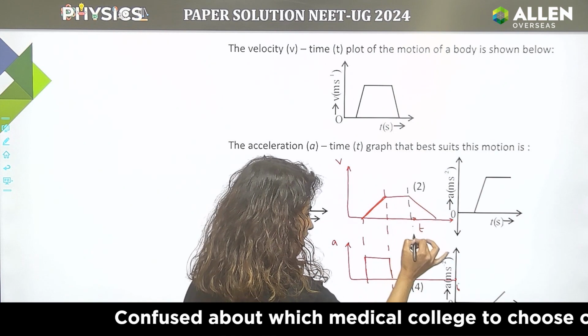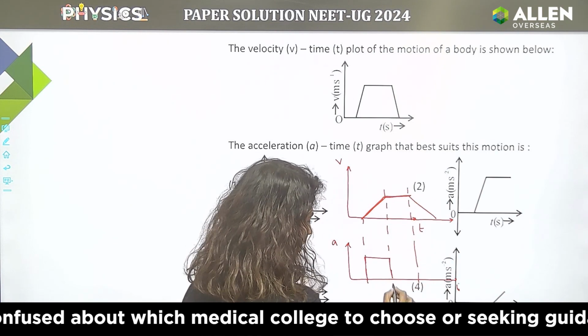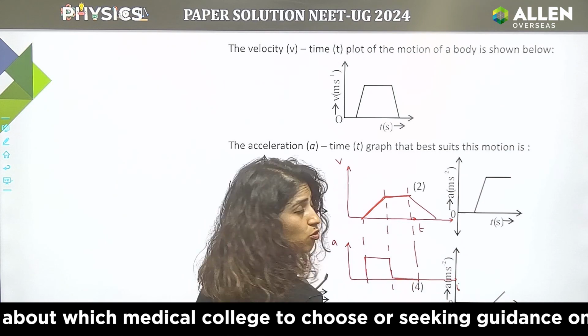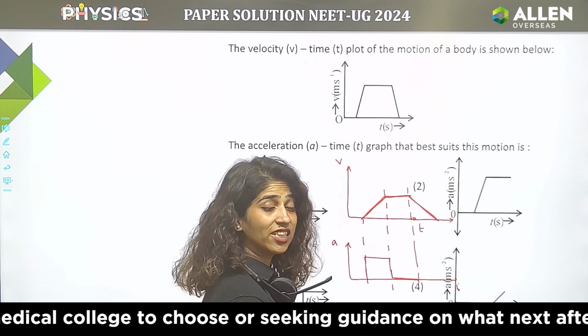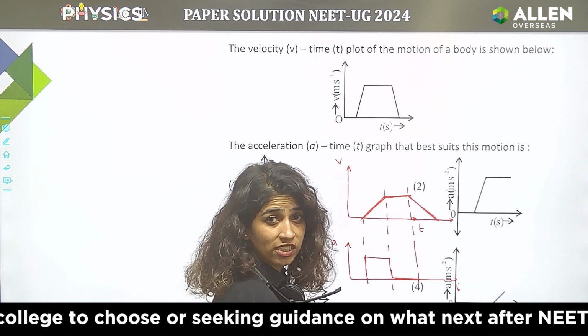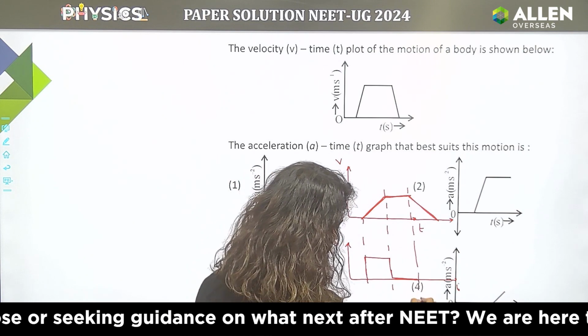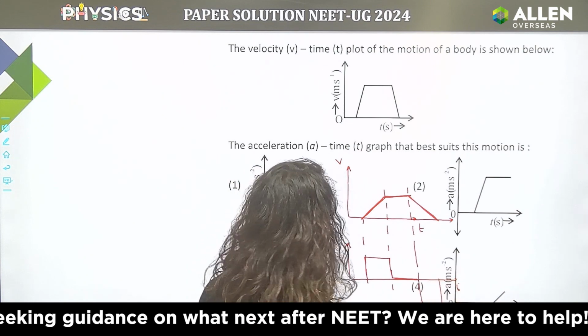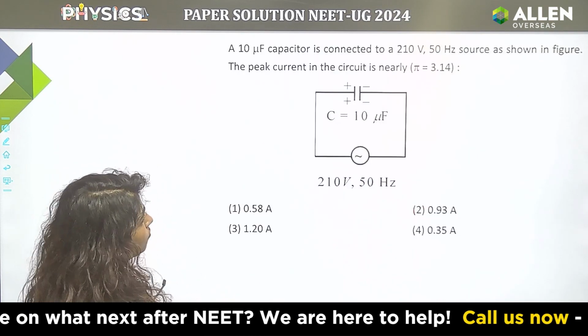Now in the second interval here, velocity is constant. That means acceleration is going to be 0. In this case, since velocity is decreasing, acceleration is constant. How do I say acceleration is constant? Because it's a straight line. So this would be a negative graph. From all the graphs, it's option 3 which matches correctly here.